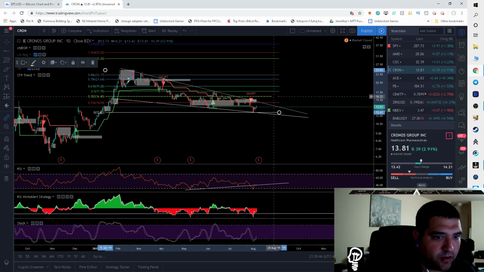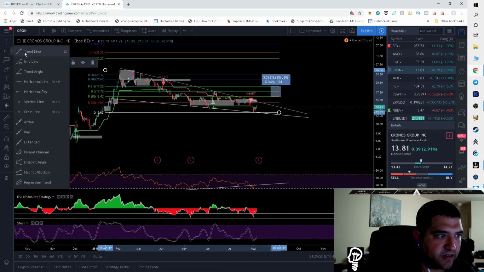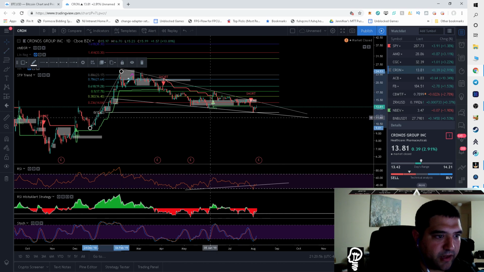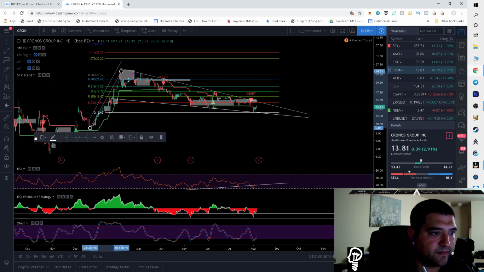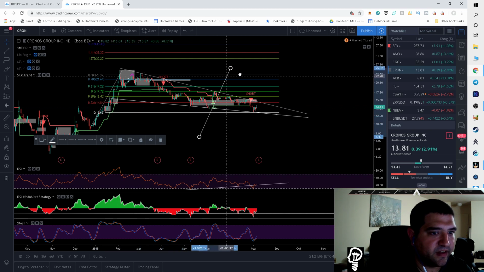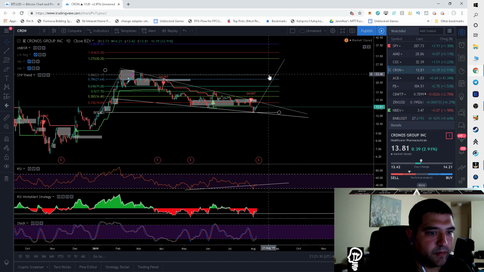So anywhere from the 382 to the 618 would be common retrace areas, and to me this is just an extended bull flag that is in a wedge pattern right now. So if we were to literally copy and paste this flag and extend it through, it would look like something like that, right around the $30 range.